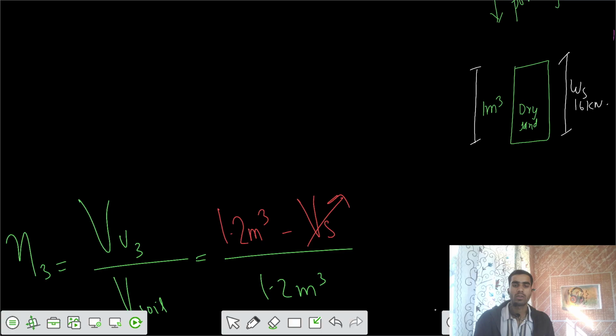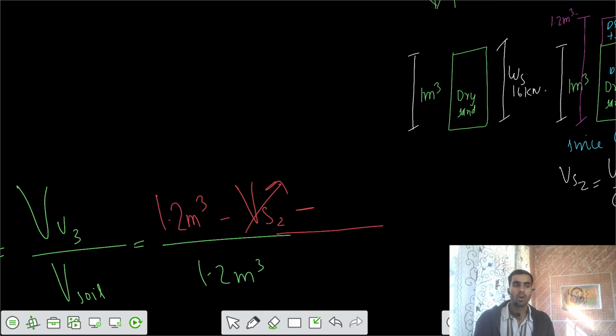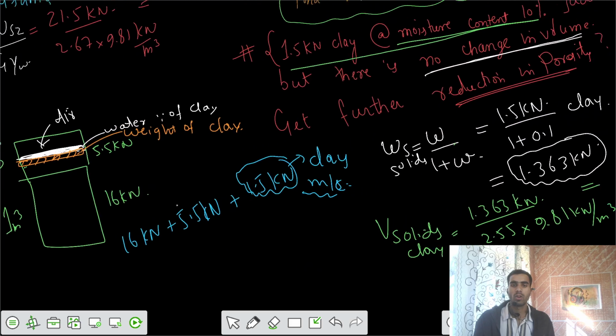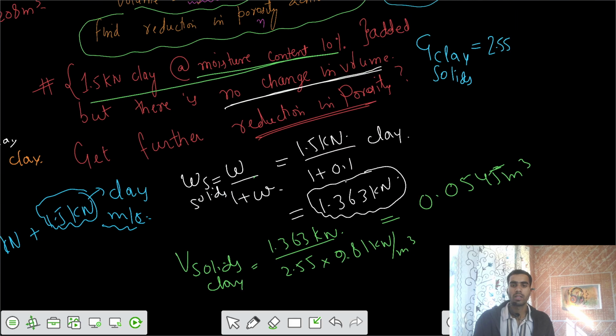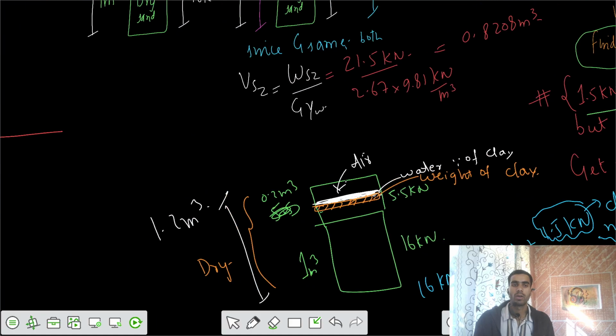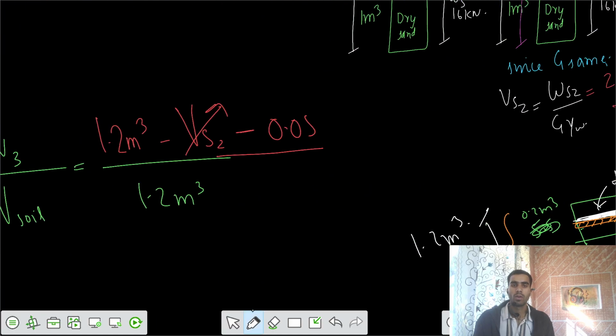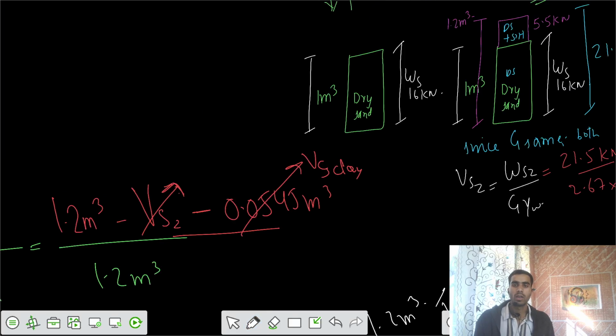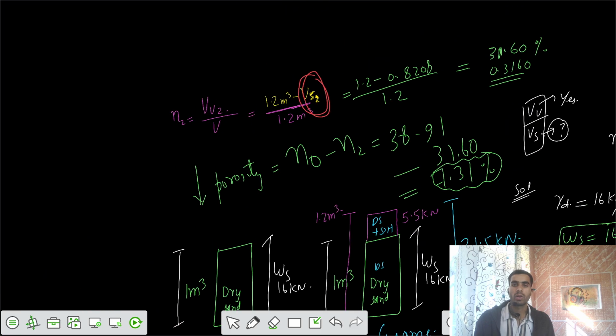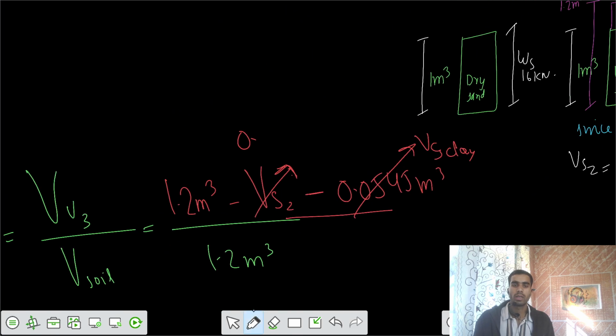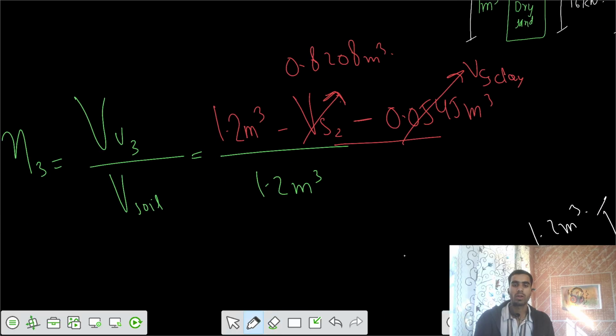After that, we subtract the volume occupied by the clay solids, 0.0545 meter cube. We had already calculated Vs2 equals 0.8208 meter cube.